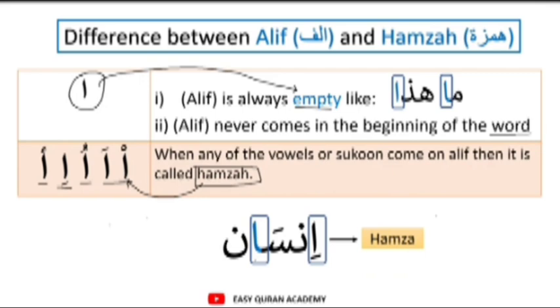Alif, excellent. And why is this alif? Because it is empty, perfect. It does not have any vowel sign on it. So that's the basic difference between alif and hamza. And in this word we have both of them, hamza and alif together.